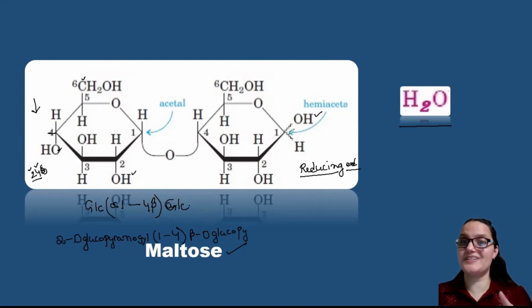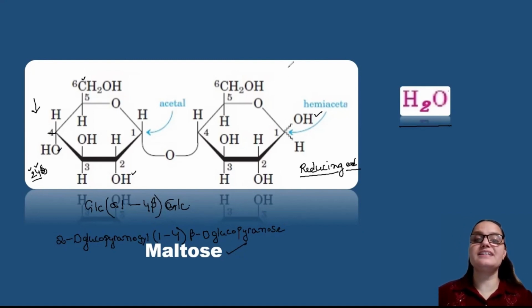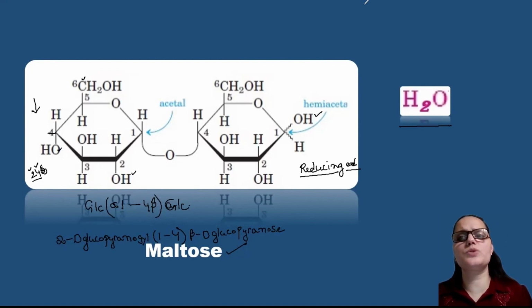Here the hemiacetal carbon is still there, so I can comfortably write its name as beta D glucopyranose. So this is the way we write the scientific names of all these disaccharides. Disaccharides are the most common oligosaccharides, right? So this is how we write the scientific names. This is the short name, and the general name is maltose.